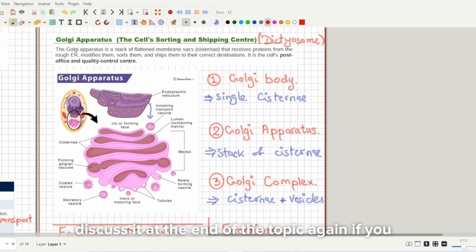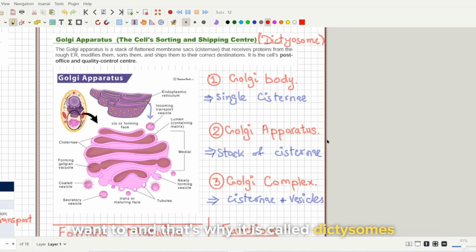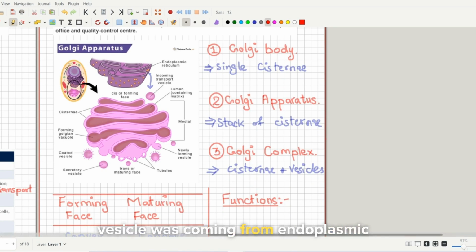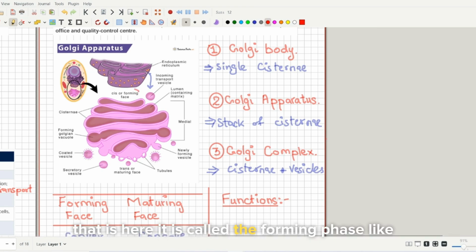We will discuss it again at the end of the topic if you want to, and that's why it is called Dictyosomes in plants. The next thing you need to know about Golgi apparatus is that the vesicle comes from the endoplasmic reticulum, and first it starts forming this structure. The structure that is here is called the forming phase.